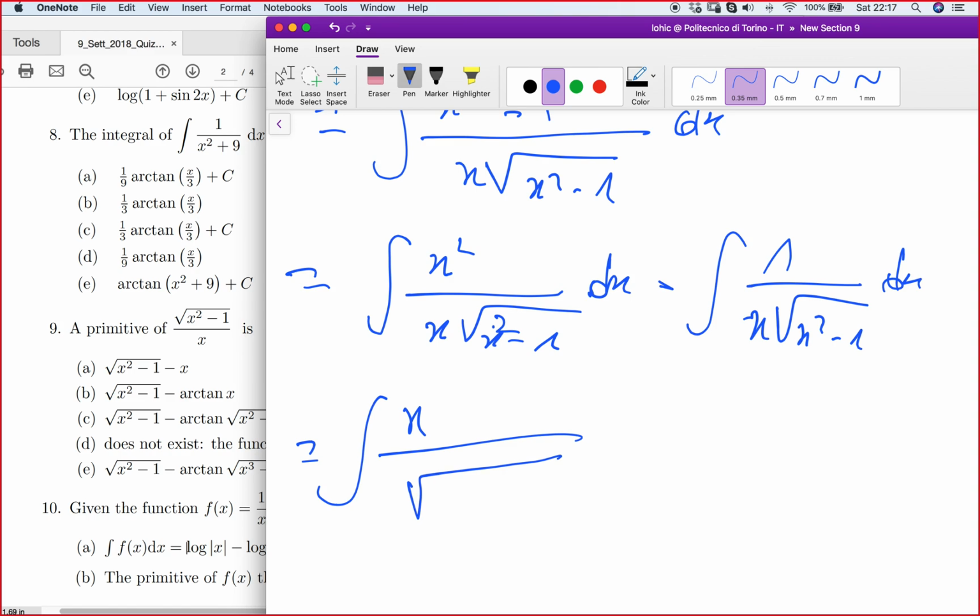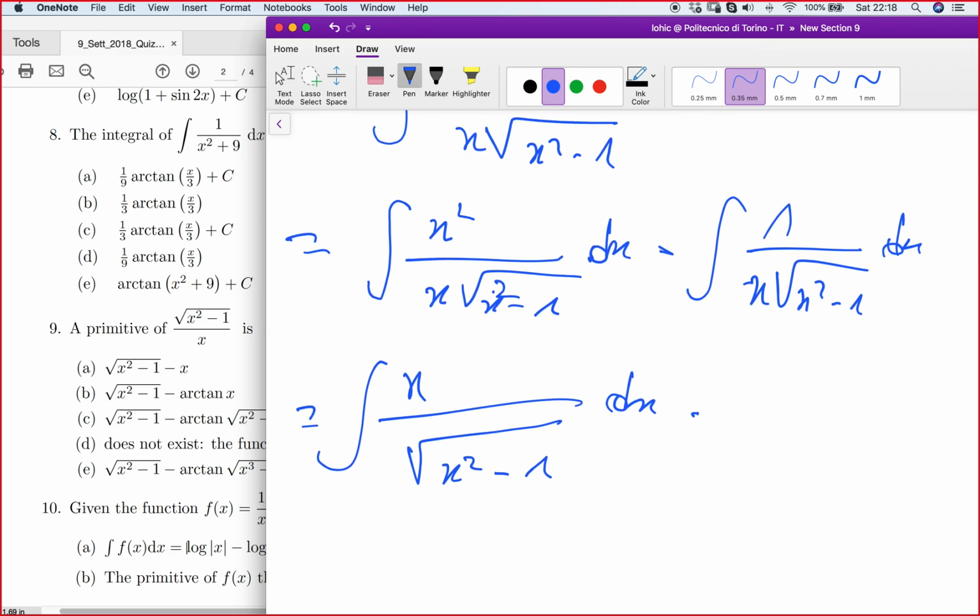square root of x squared minus 1 in dx, minus this integral here.